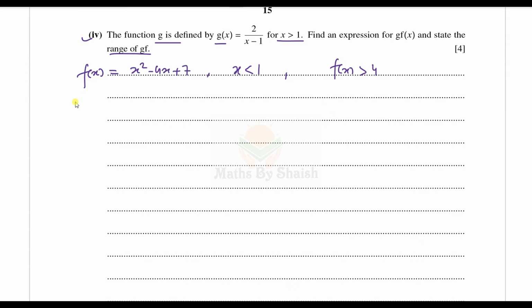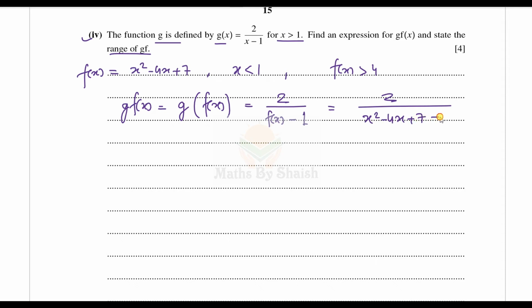So let's find the expression for gf(x). gf(x) can be written as g(f(x)), which is 2 over (f(x) minus 1), which can be written as 2 over (x squared minus 4x plus 7 minus 1), or in this form, x squared minus 4x plus 6.